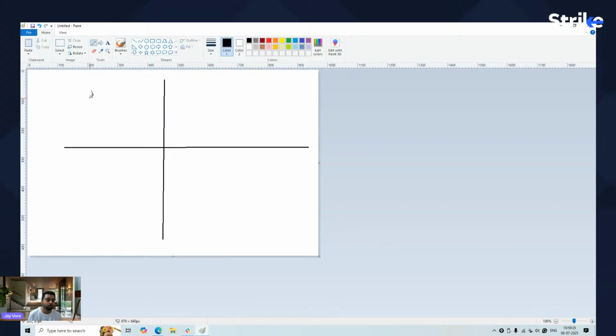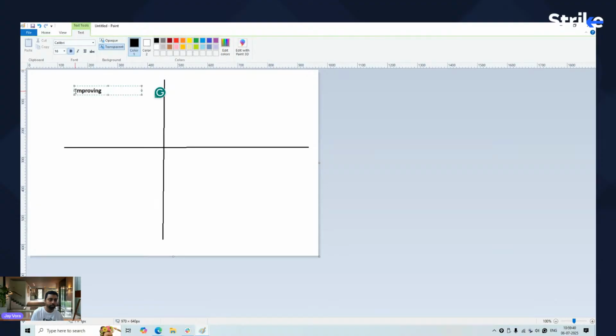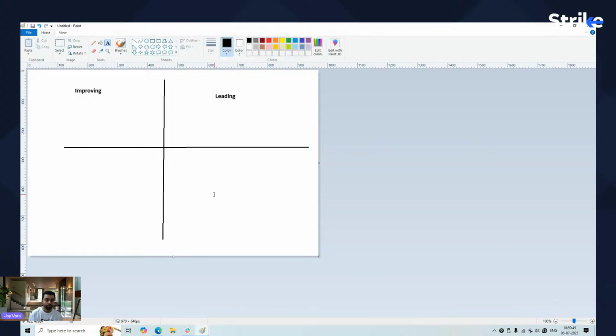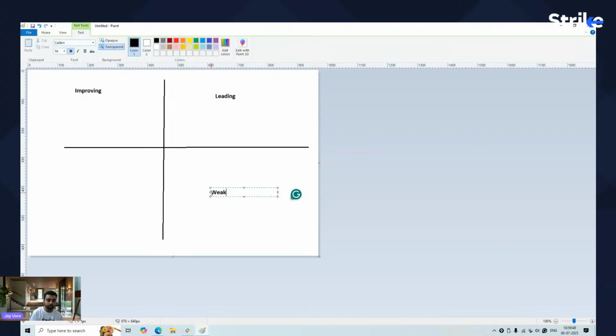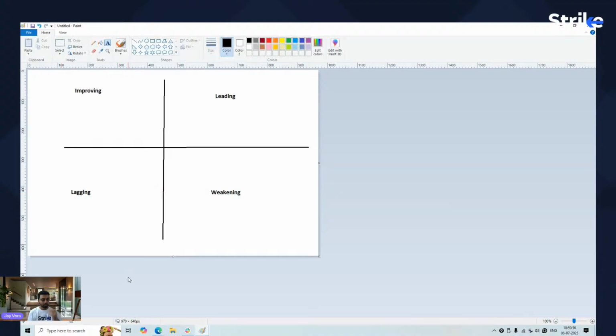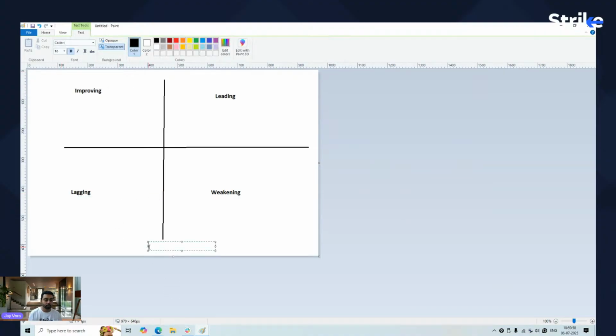So I'll mention over here: improving, leading, weakening, lagging, right? And as you know, this is the RS ratio, and this is momentum.